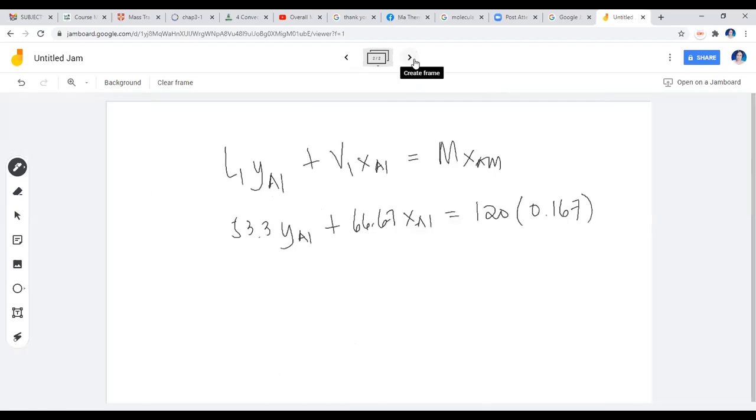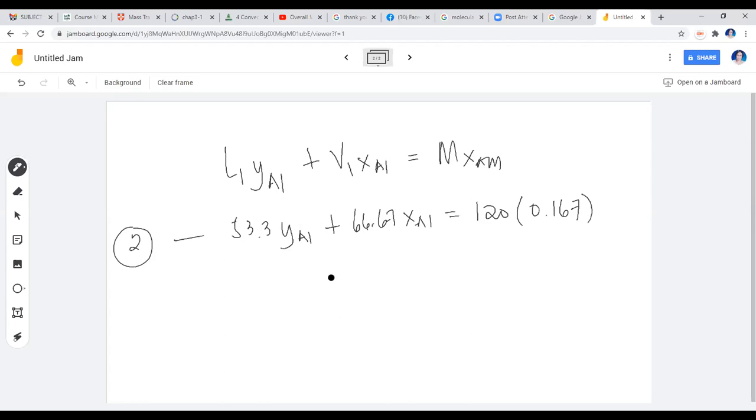Now, if you look at the equation intently, and I don't want us to do it graphically, it has two unknowns. So this is your equation 2. What would you do next since we have two unknowns and only one equation? The natural thing to do is to look for another equation that you will use simultaneously with this, an equation relating XA1 to YA1 or vice versa, which you can substitute here.